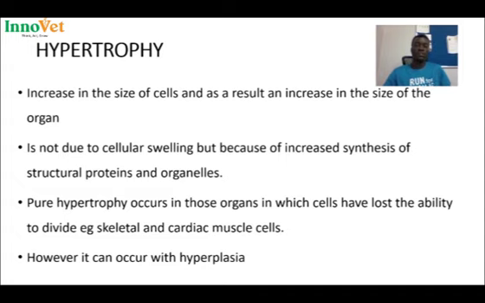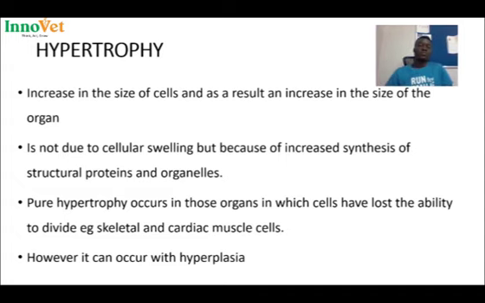Hypertrophy is just the increase in the size of cells, and as a result, the increase in the size of the organ. So in hypertrophy, the cells are just increasing in size, but as a result, even the organ increases in size, unlike in atrophy.